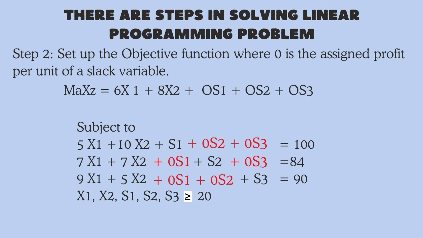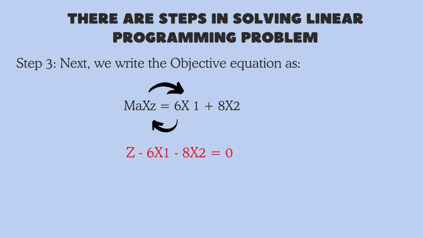Then next, we write the objective equation. Max z equals 6x sub 1 plus 8x sub 2. So, we just move them to the other side, where z minus 6x sub 1 minus 8x sub 2 is equal to 0.